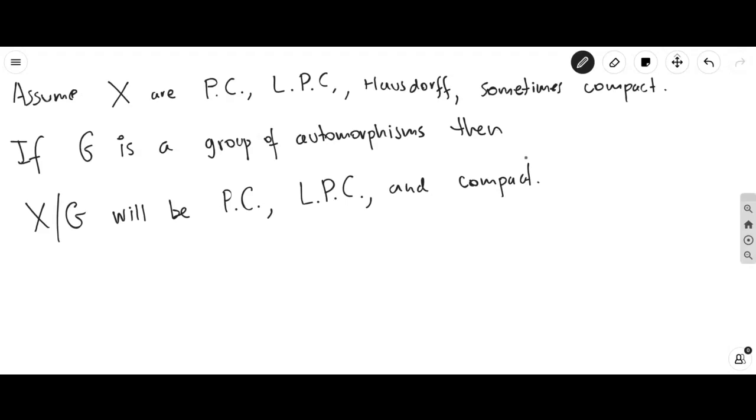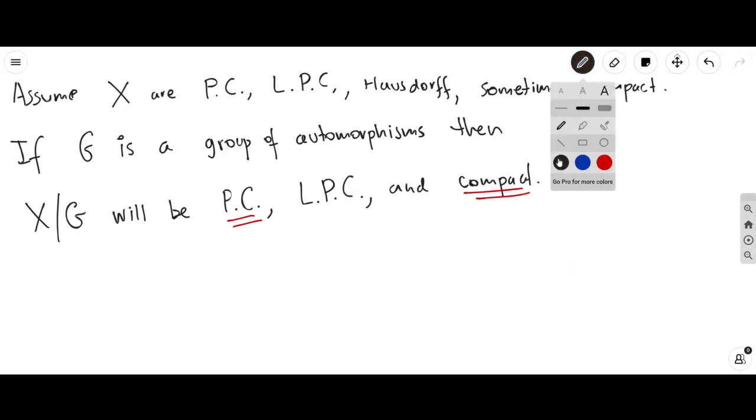That will always be guaranteed. And I'll actually prove it to you. I'm going to prove this one, and I'll prove this one. Locally path connected, you can prove that yourself. So I'll just show you how it goes.